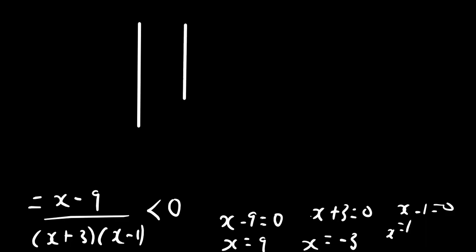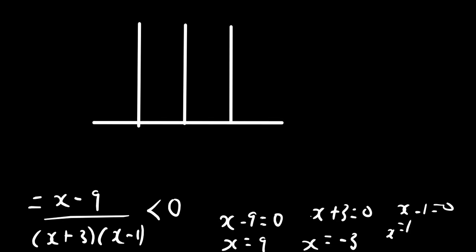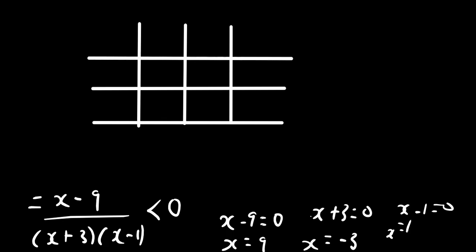Since we've got 3 values, let's put 3 lines, like that, and let's also put another one.